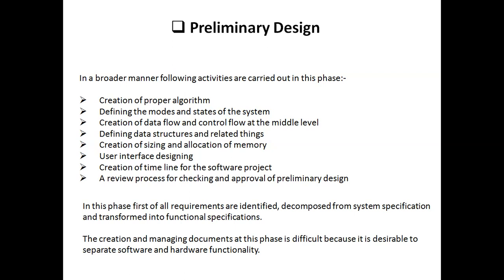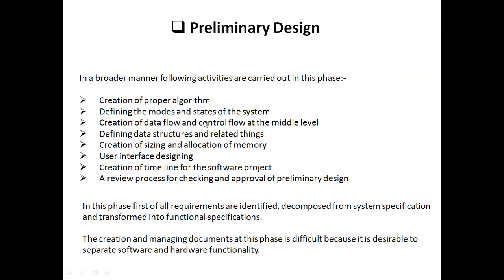First is preliminary design. The activities carried out in this phase are listed below. First is the creation of a proper algorithm. Before designing a software, we have to make a proper algorithm of that software.